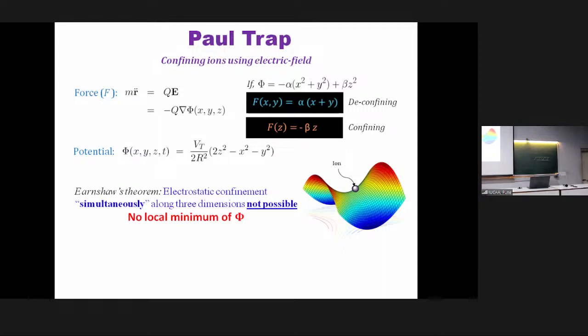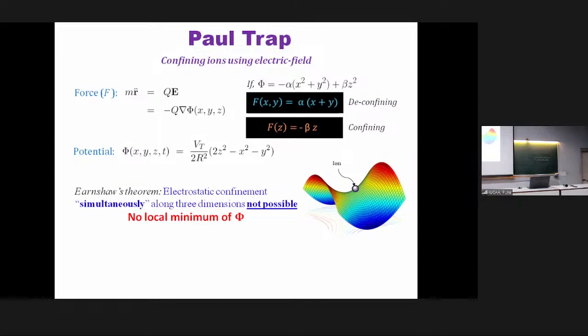So in this direction, this is confining, it has a local minimum, the ion will be staying here, but this direction is deconfining, this is a maximum, right? These are the 3 dimensions, and this is the potential which I have plotted. Along this dimension, the ion will be trapped, but along this dimension, the ion will fall from this side. So the potato chip won't work.